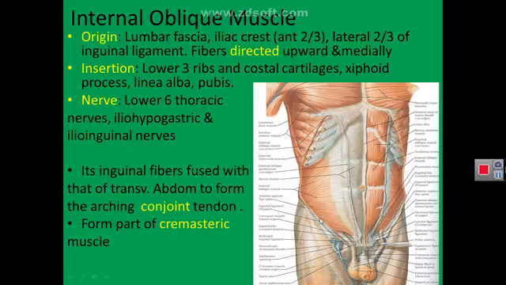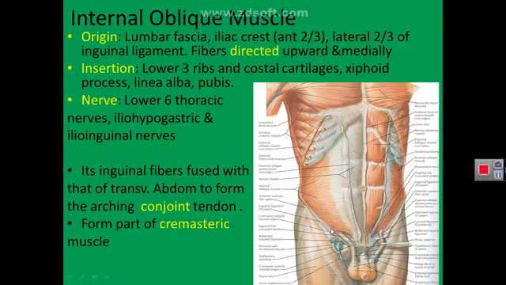The inguinal fibers of internal oblique and transversus abdominis not only give the cremasteric muscle, but they also form an arch, which is this one. Deeper to the inguinal fibers of internal oblique are the inguinal fibers of transversus abdominis.